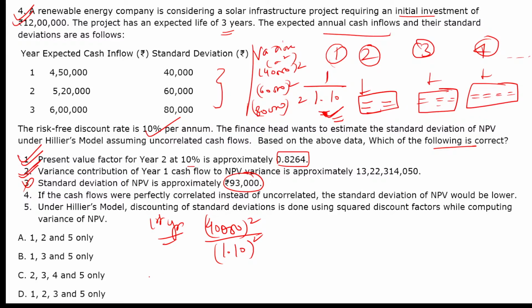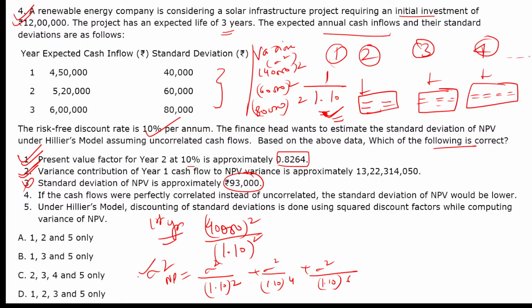See, understand. I know the variance formula. Variance formula for NPV will be the variance of the cash flows divided by the discounting rate squared: power 2 for the first year, power 4 for the second year, power 6 for the third year, right?